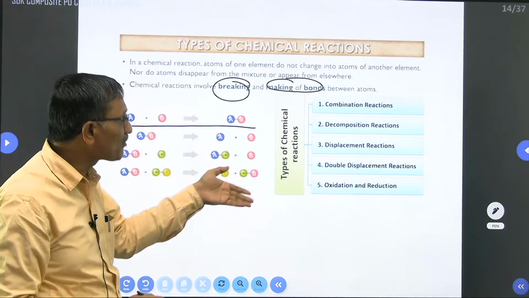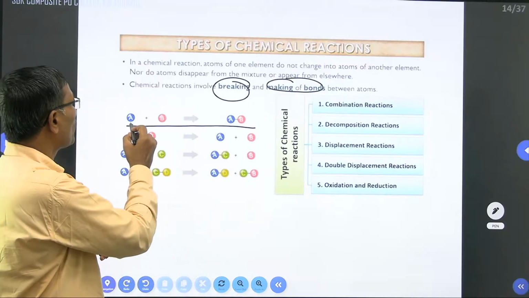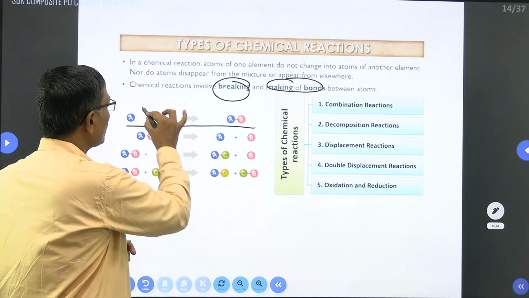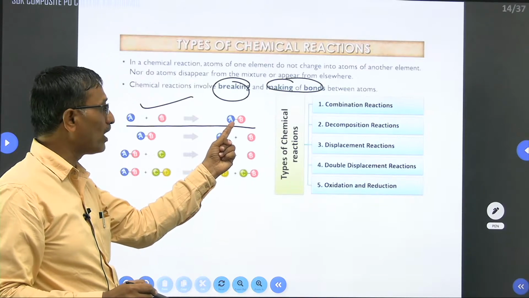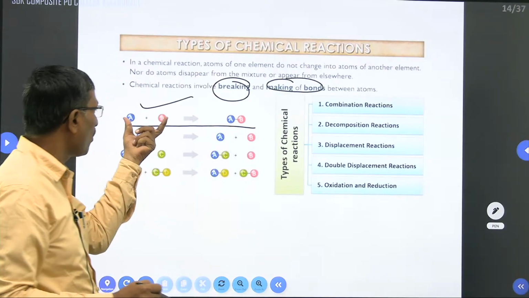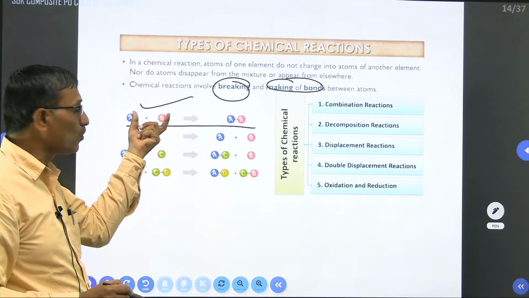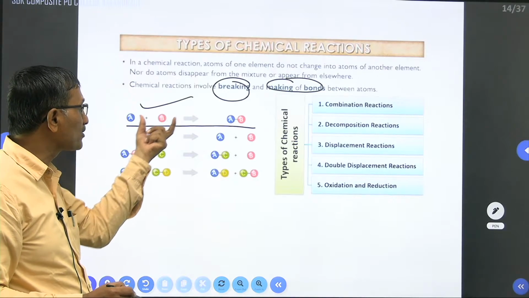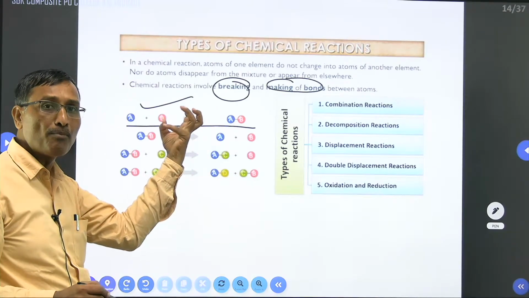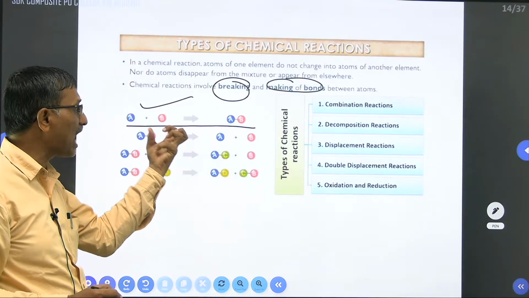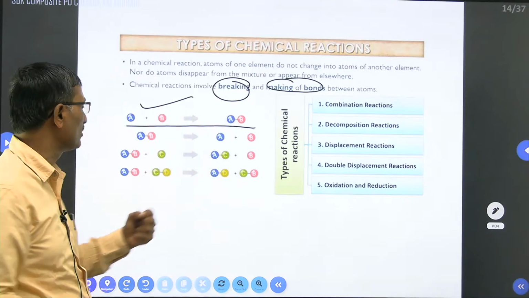If you see the types of chemical reaction, the first one is known as the combination reaction. There is formation of only one product. Two or more reactants combine together to form a single product.